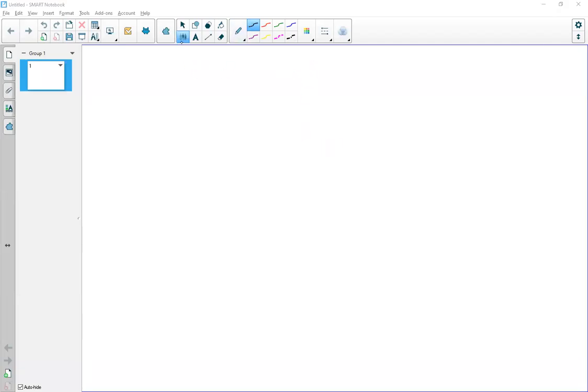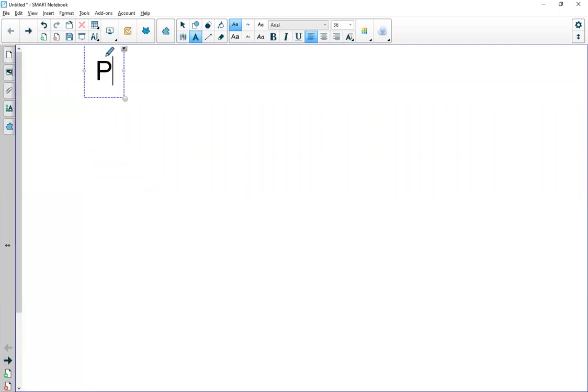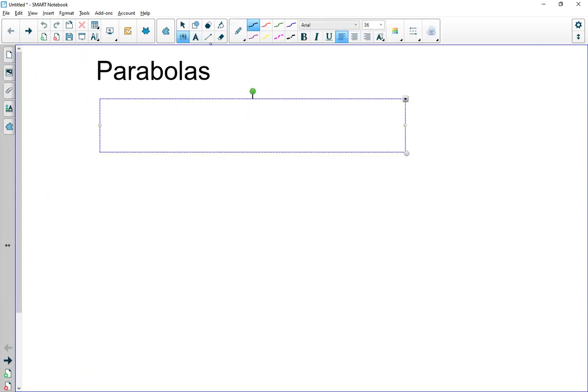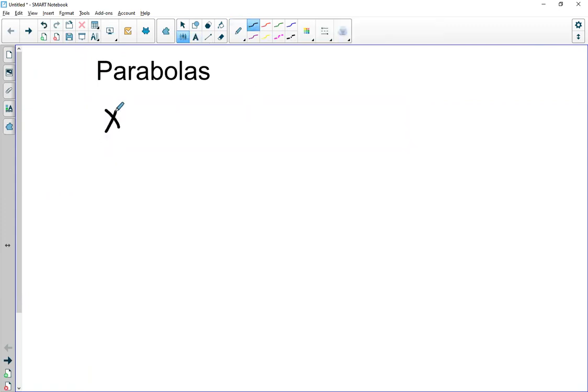Okay, so let's start off. The first thing we're going to cover is parabolas. There are two versions of parabolas: x squared equals 4py, and y squared equals 4px.